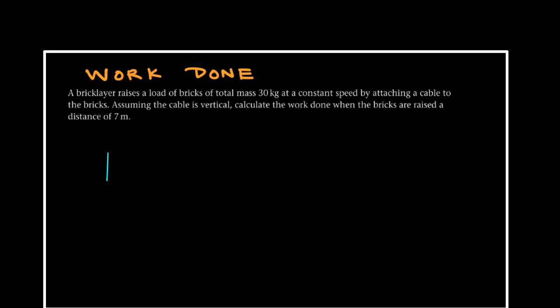So let's say this is the cable, and below it is this particular load of bricks. The load of bricks have a total mass of 30 kg, therefore the weight is 30 g Newton. The tension therefore has to be equal because it is moving with constant speed. Remember, if a particle is at rest or if a particle is moving with constant speed, the resultant force is 0, so tension equals the weight.